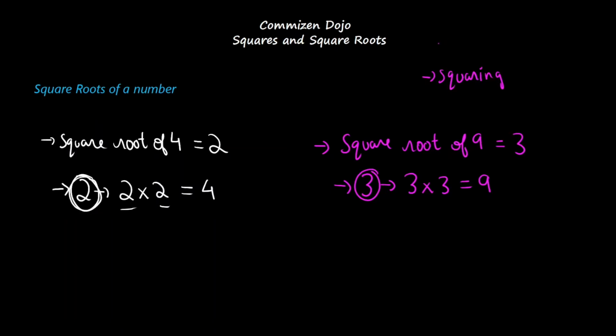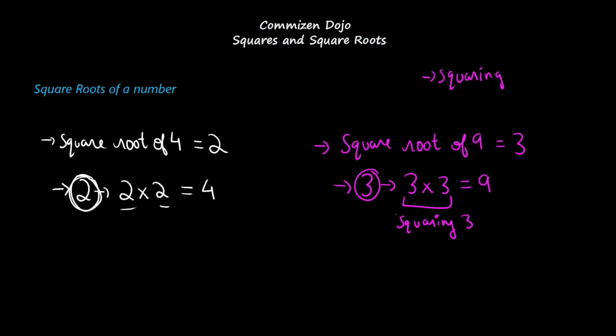Yes, it is. So, I can say that the square root of 9 is that number which, when squared, gives 9 as the answer. So over here, we are actually squaring 3. We are multiplying it by itself. We are squaring 3. So it gives us the answer as 9. So the square root of 9 is 3.